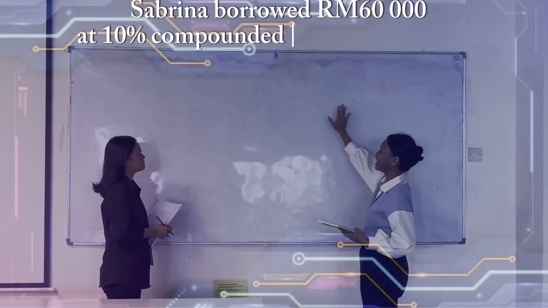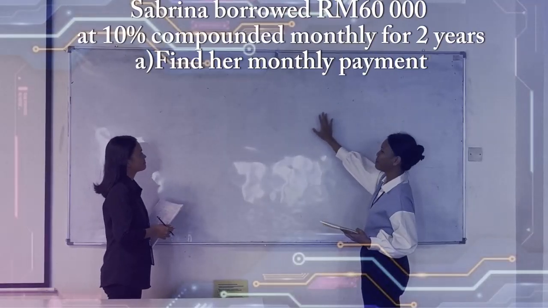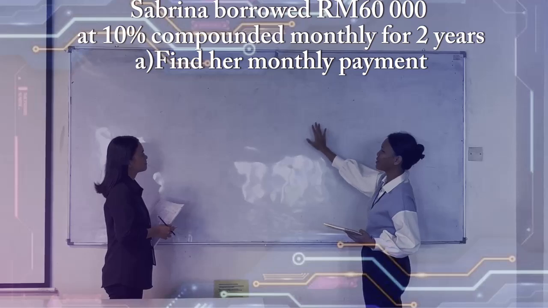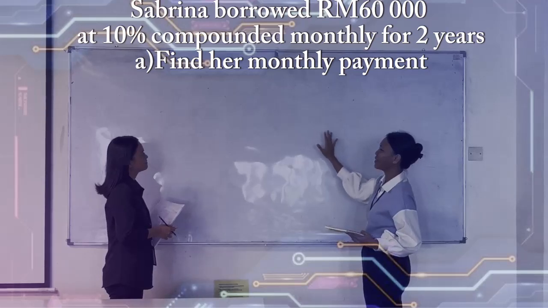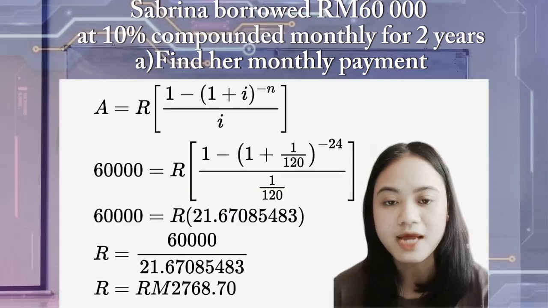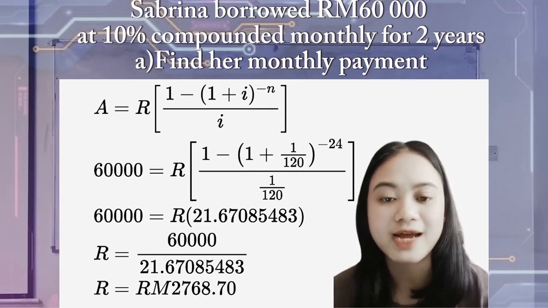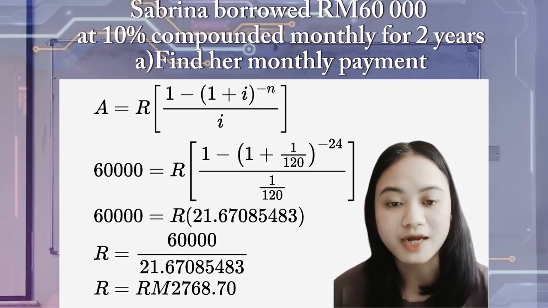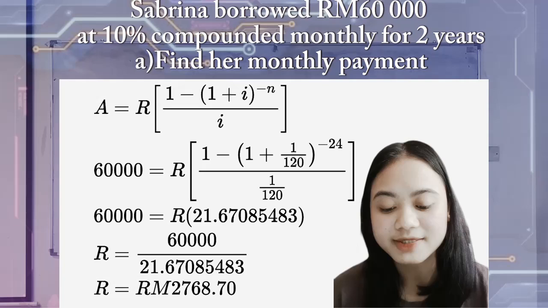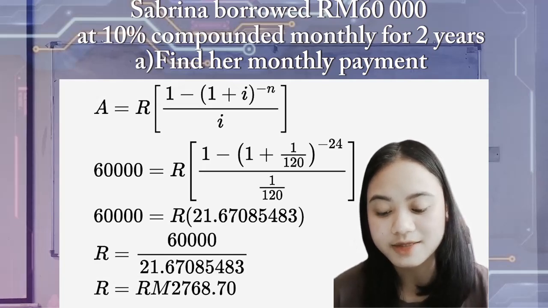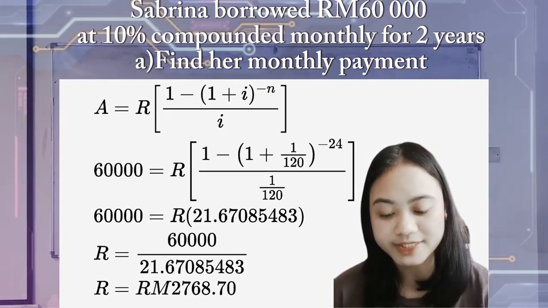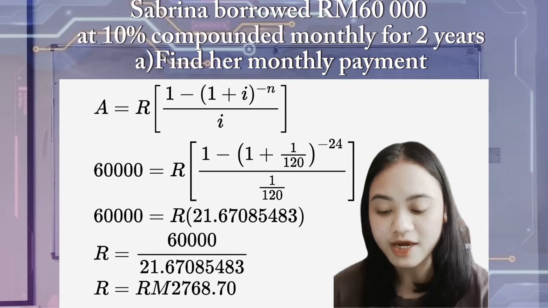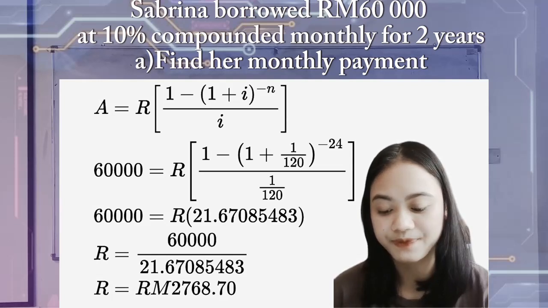Sabrina borrowed 60,000 Malaysian ringgits at 10% compounded monthly for 2 years. A. Find her monthly payment. 24 divided by 1/120. Now we calculate the part inside the bracket and the answer is 21,670.85483.